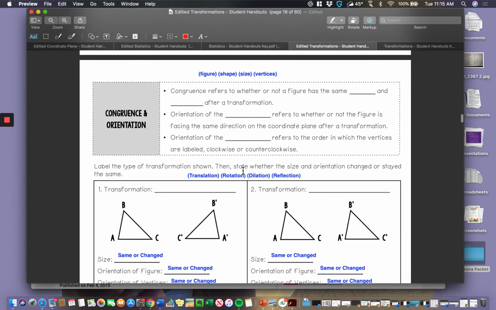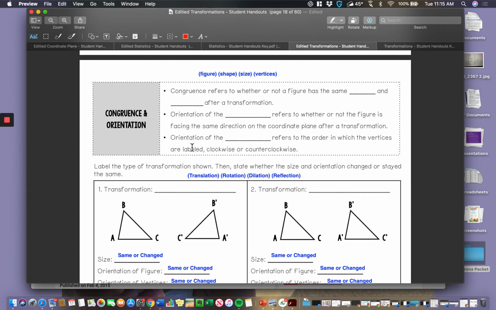Scrolling down to the second page, I included your word bank up here. It's congruence and orientation. All right. So congruence refers to whether or not a figure has the same blank and blank after a transformation. Orientation of the blank refers to whether or not the figure is facing the same direction on the coordinate plane after a transformation.